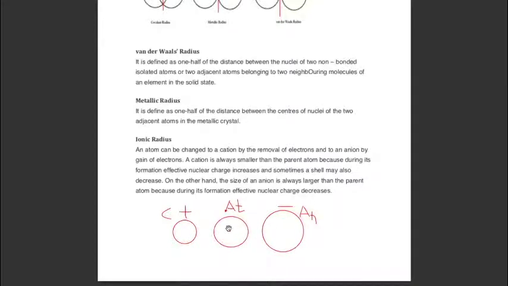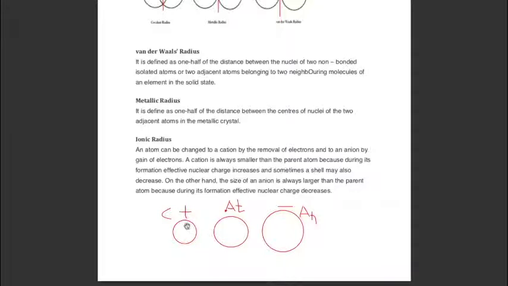As a cation is formed by losing electrons, a cation is always smaller than the parent atom, because during its formation the effective nuclear charge increases. The number of electrons becomes less as compared to the number of protons.